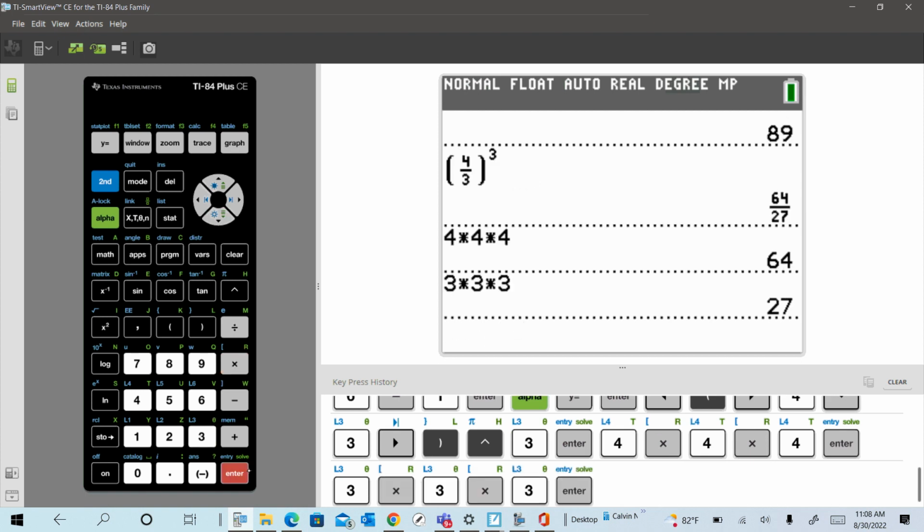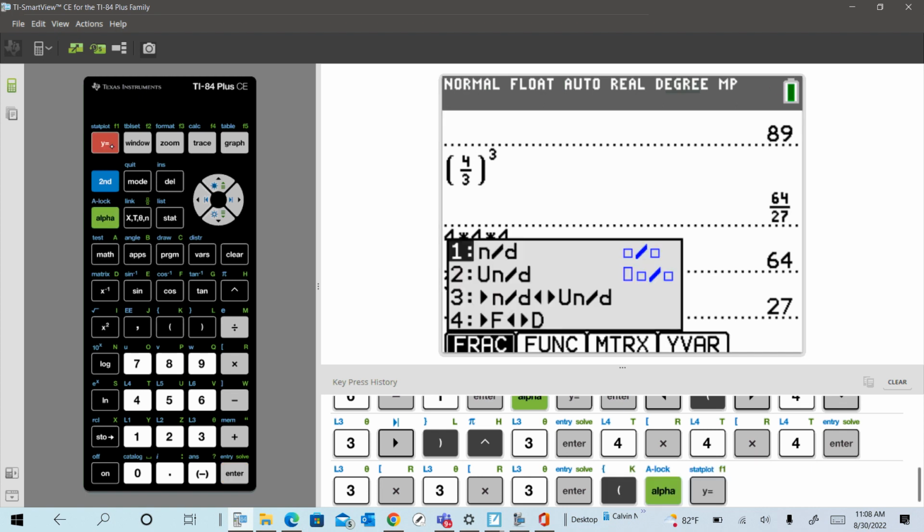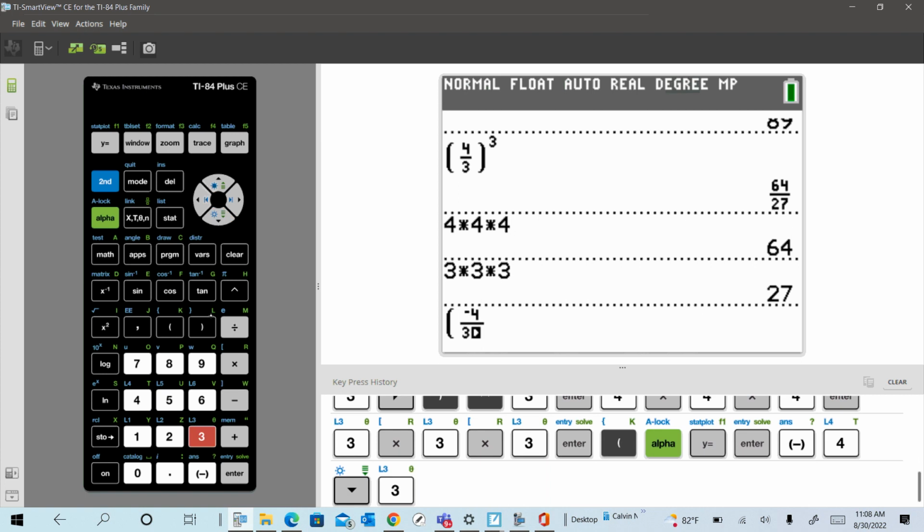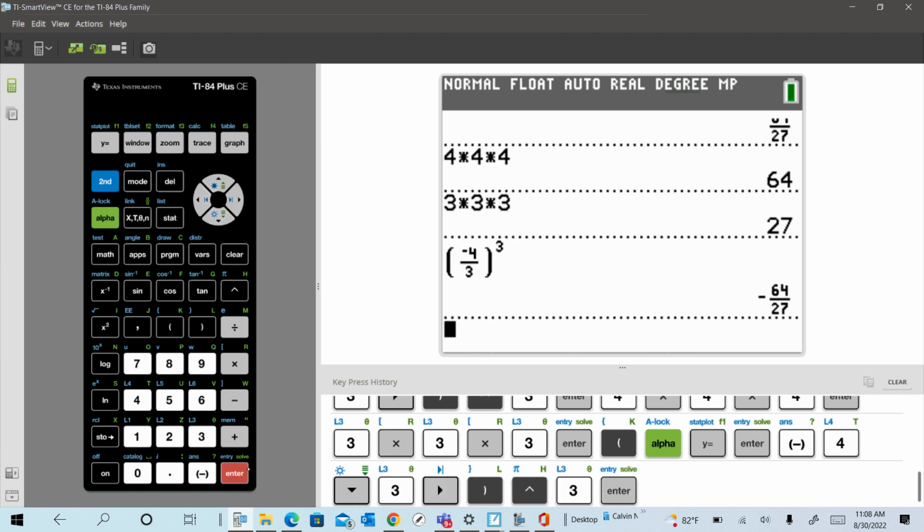I'm sorry, I forgot to put the negative. So this is actually going to be a negative 64 over 27. So let me do that. Negative 4 at top, 3. Close the parentheses. Raise it to the third power. Yep. It's going to come out to negative 64/27.